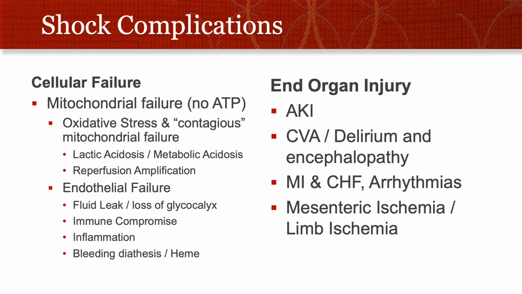And along with that, you can get immune compromise and sludging and deficits both in activating your immune system as well as in transport of immune cells. And the endothelium, as we all know, is very critical to normal hemostasis. And so you can get a bleeding diathesis where patients will both bleed and clot.